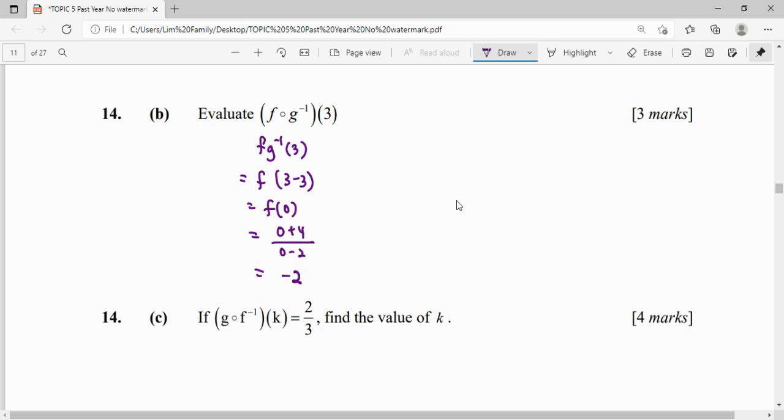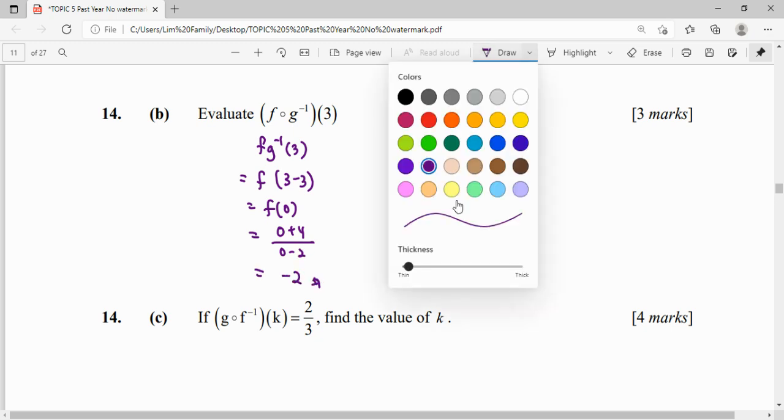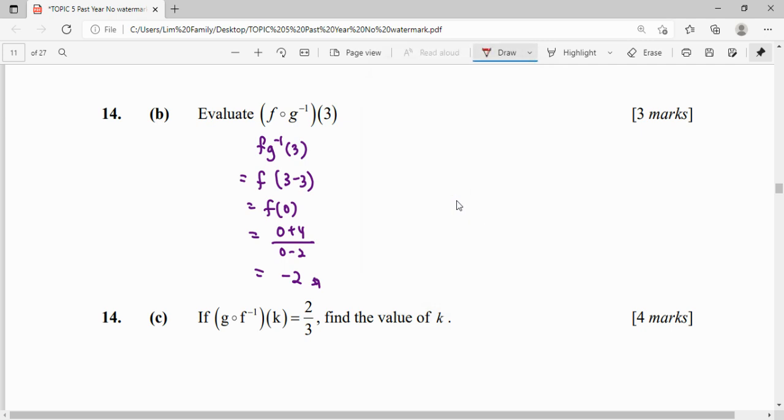So we'll get negative 2. Our important concept here is the first part, substitute 3 into the inverse function of g, then substitute 0 into the function of f, and get to the answer.